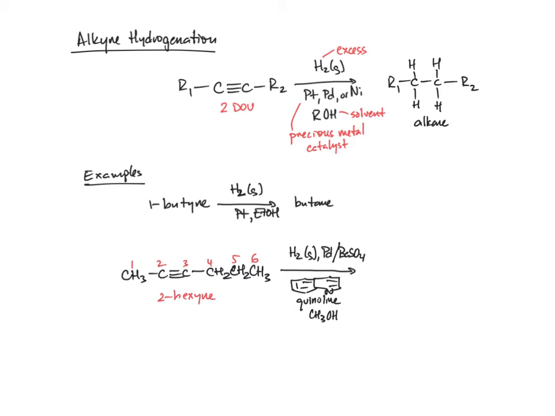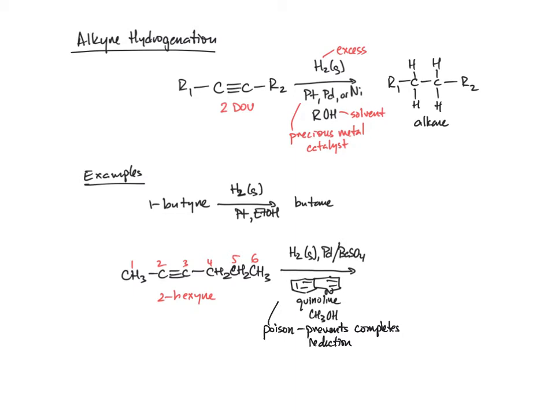These conditions, even though some of the things are the same as above, the conditions with barium sulfate and quinoline act as a poison to the catalyst. So this prevents complete reduction of the alkyne to the alkane.